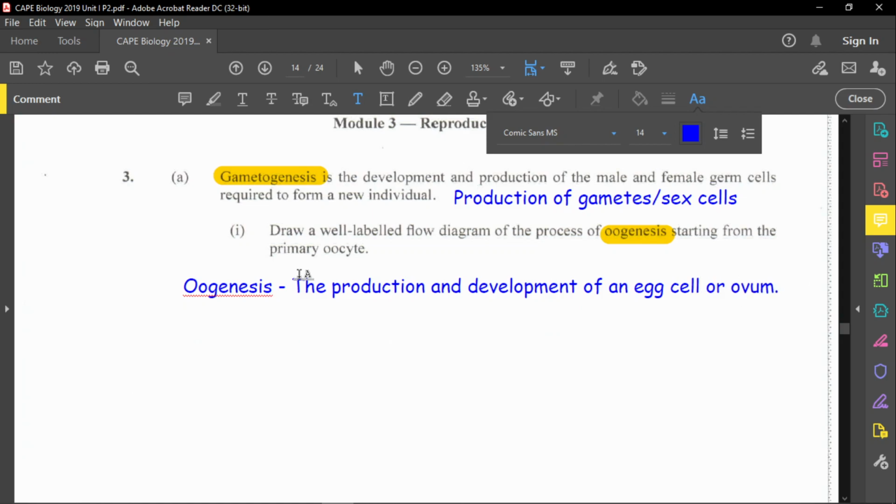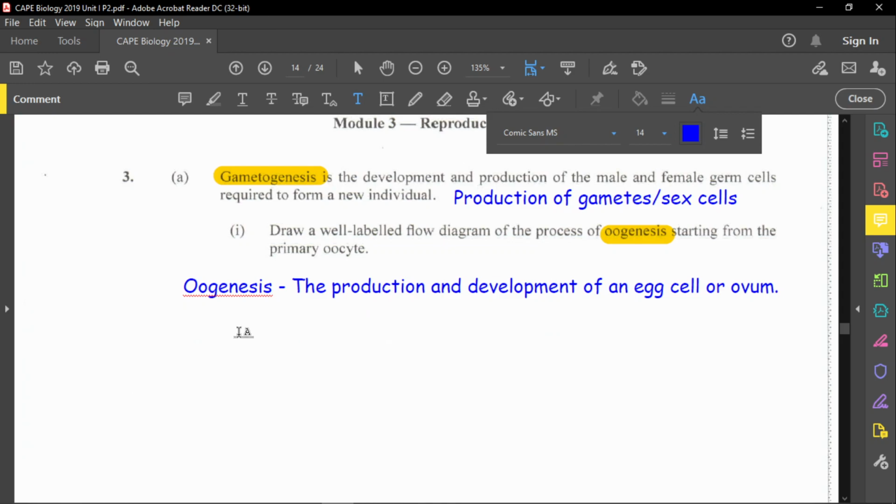So that's what oogenesis is. And if you should say the word spermatogenesis, it means the production and development of a sperm cell. Here we're dealing with the production of egg cells.